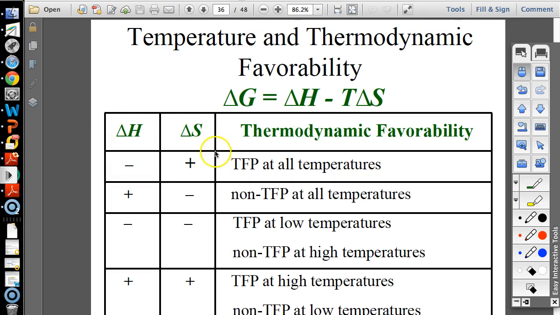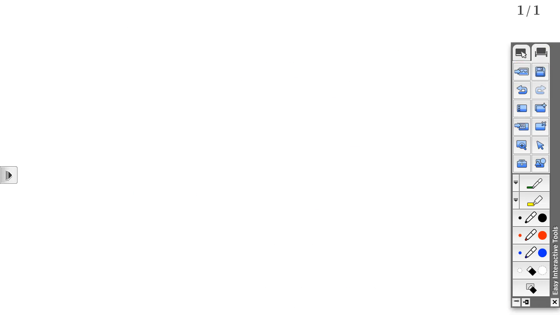As you look at this, this is really confusing, and on released exam questions, there's a lot of times where they'll give you entropy and enthalpy values, with negative and positive values, and you'll have to say if it's thermodynamically favorable or not. So if we start with what is always thermodynamically favorable, and by the way, you have to start with S because it starts with S.